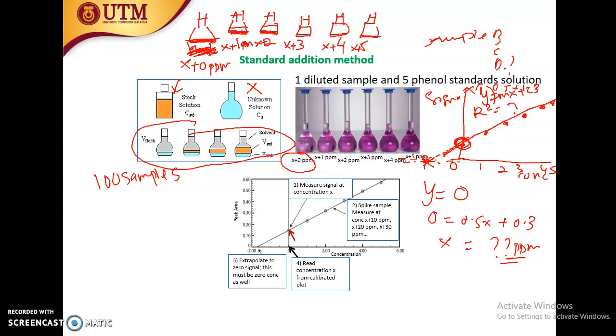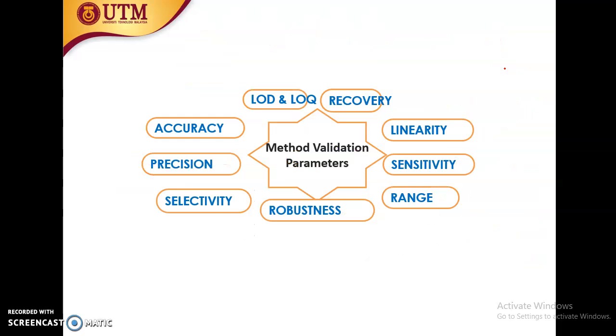In order to do a calibration curve, you have to make sure your instrument is ready, accurate, precise, and robust to be used for any sample. So what should we do? We have to do method validation. We have at least 10 things to do first before you can use this method for analysis.